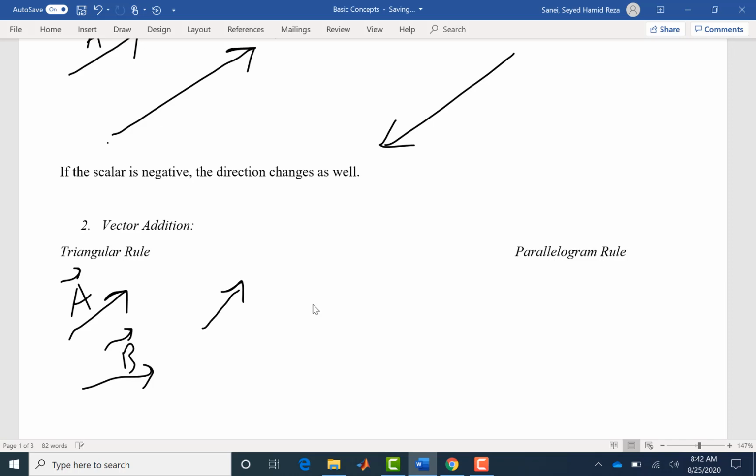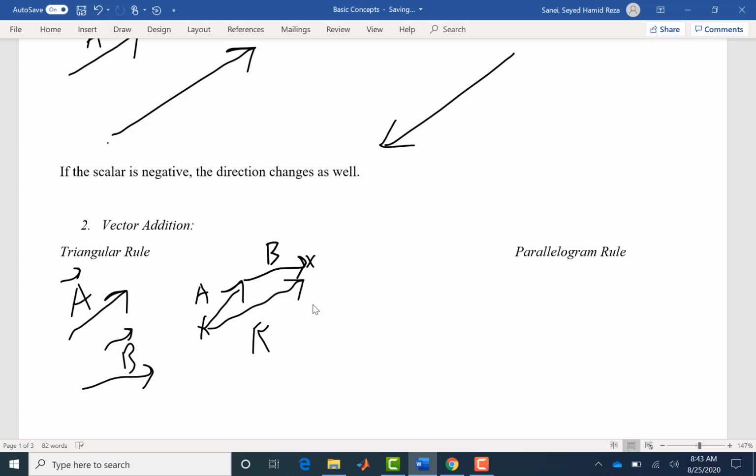So I put the vector A here, put the vector B here. So that's my vector A, that's my vector B. And then the resultant vector, I connect it from the beginning of my first vector to the end of my second vector, and I call this R, the resultant vector.